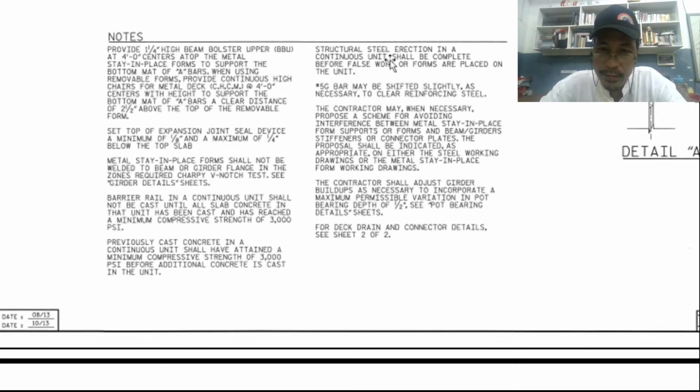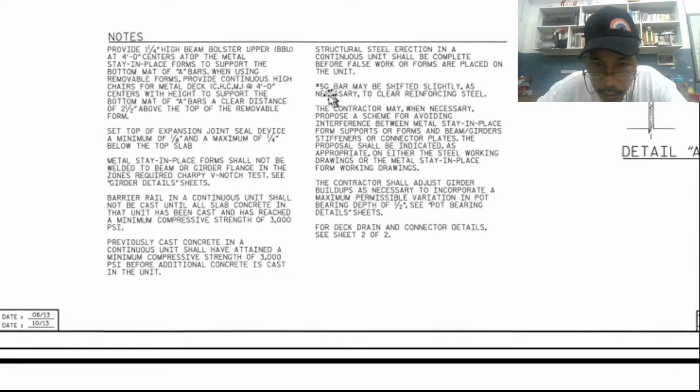So, before steel erection, the continuous unit shall be complete before false work or forms are placed on the unit. So we have the preparation.